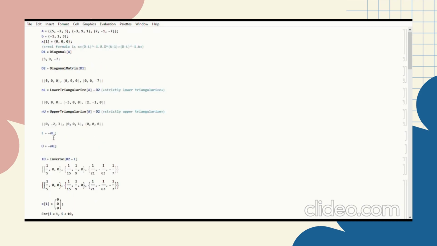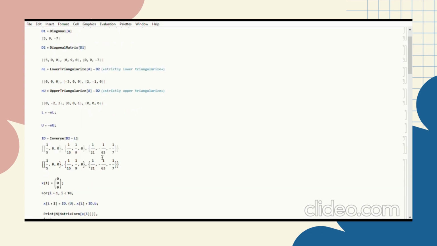And for the last calculation is ID, which means I want to settle for D minus L inverse. So I write inverse of D2 minus L, which means the diagonal matrix D2 minus L. My L is negative NL, the strictly lower triangular matrix, and then I will get D minus L inverse.